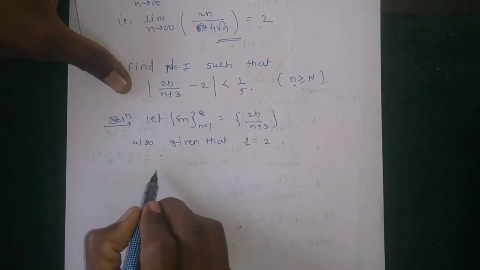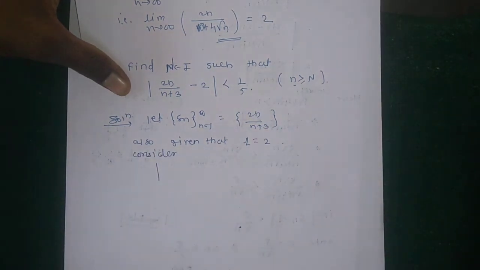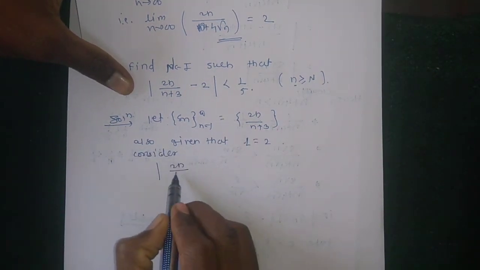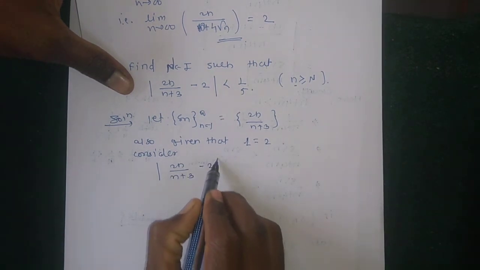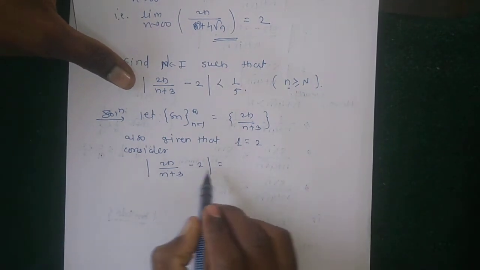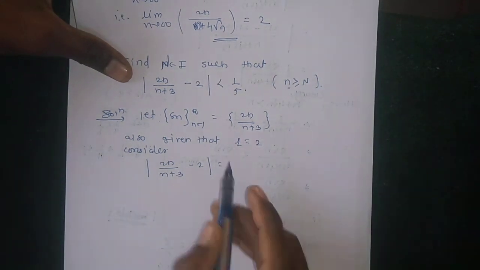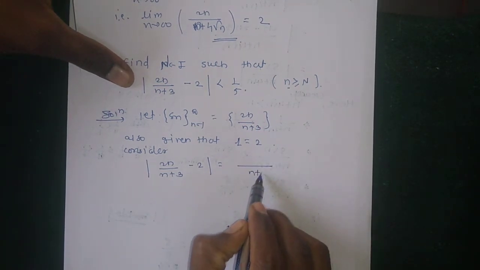Consider mod Sn minus L is equal to 2n divided by n plus 3 minus 2. Taking the denominator the same, we get n plus 3.